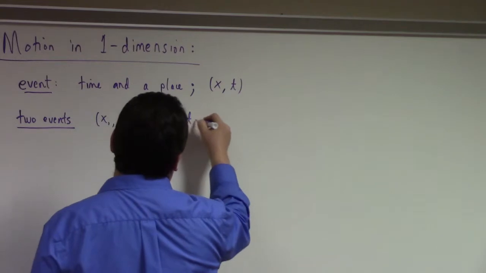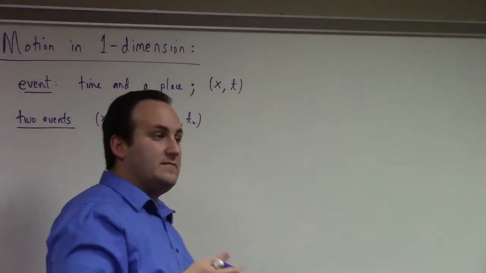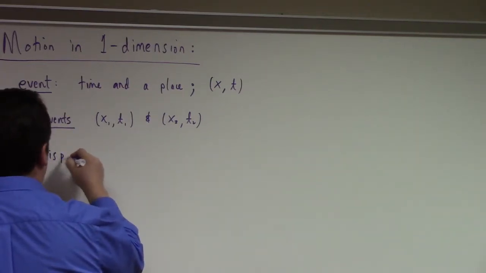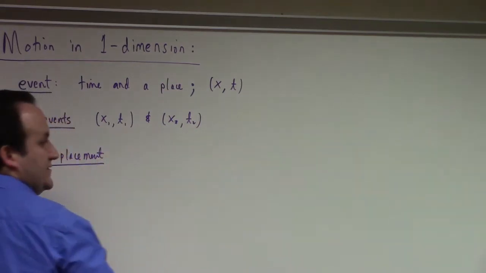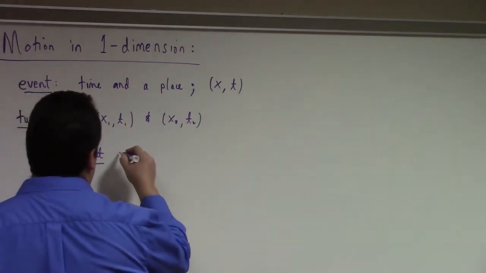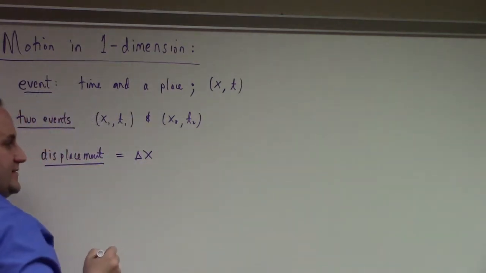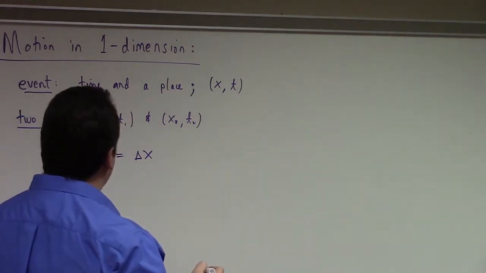Well, then all of a sudden you can do things like calculate the displacement between those two events, right? So displacement would be what? The displacement from event 1 to event 2, I usually use the notation change in x, the triangle.